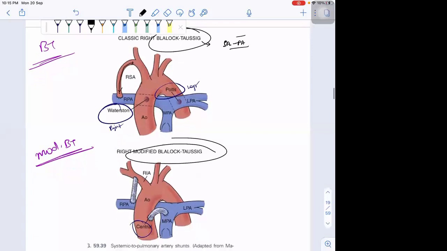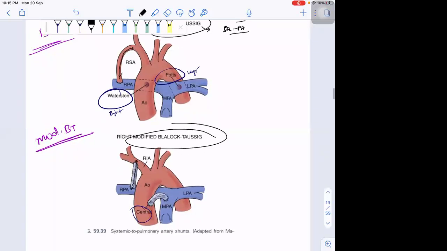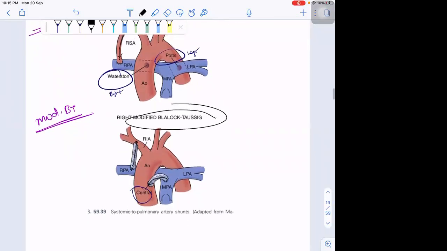In the modified one, they use some graft or conduit. If they use it between the aorta and the main pulmonary trunk, then it is called the central modified BT shunt.